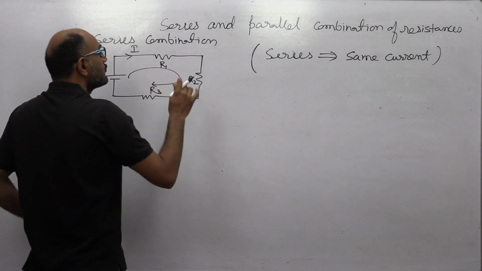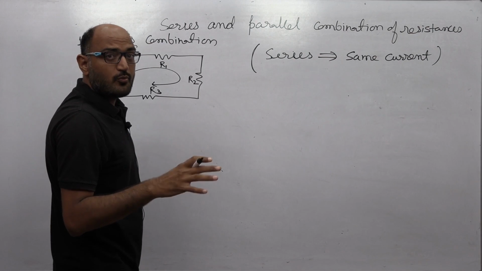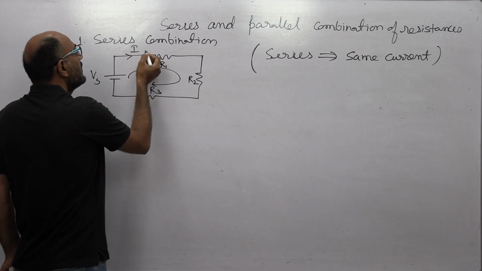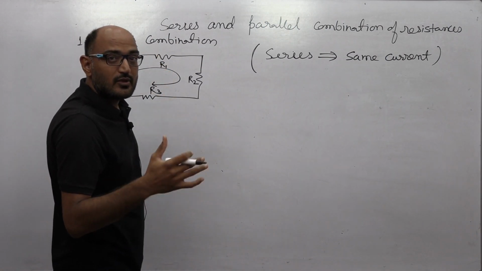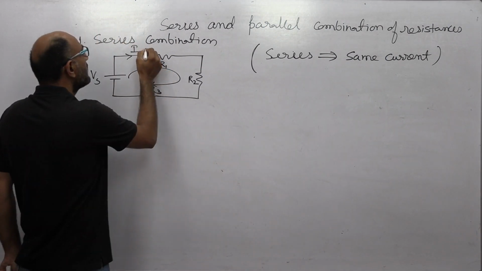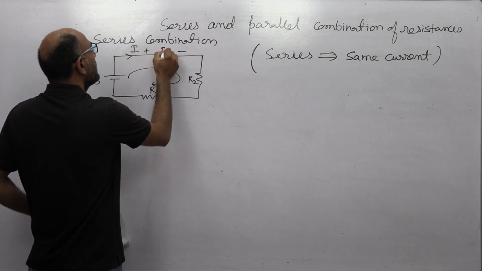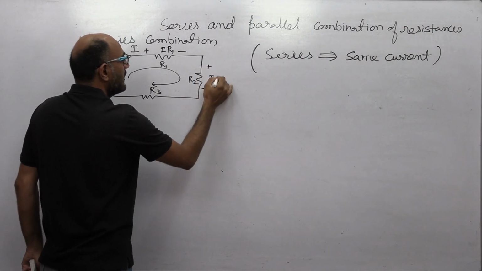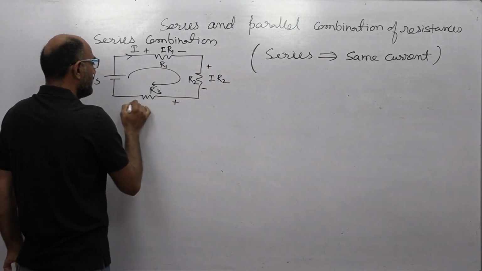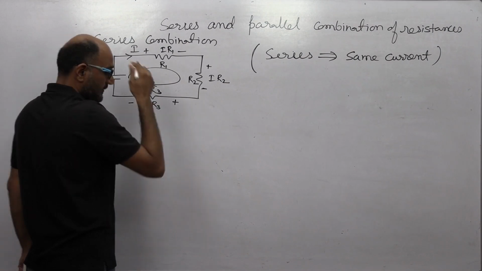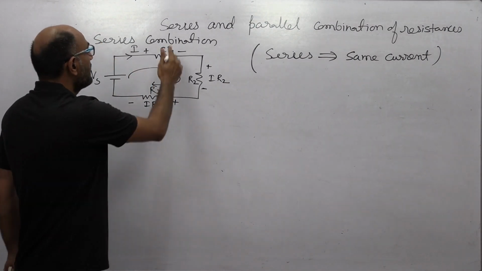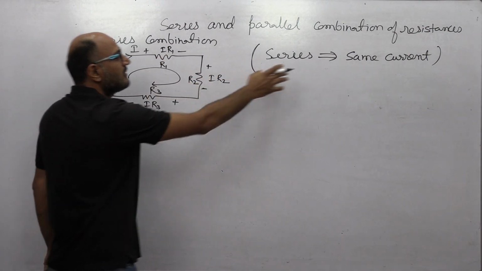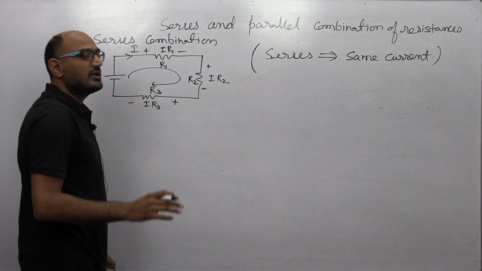So the voltage drop, or the potential difference, on these resistances is what? In yesterday's class we discussed the sign convention. So plus minus I into R1, plus minus I into R2, plus minus I into R3. Since R1, R2, R3 are in series, they share the same current.